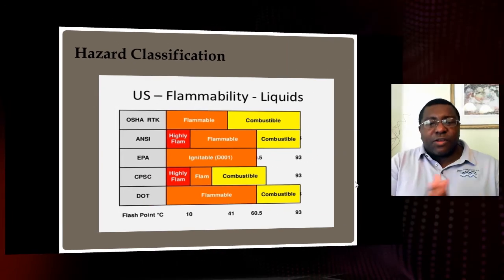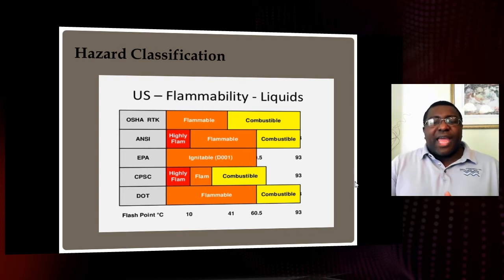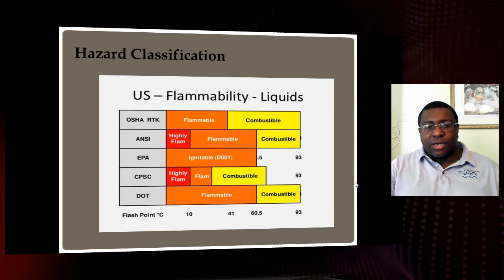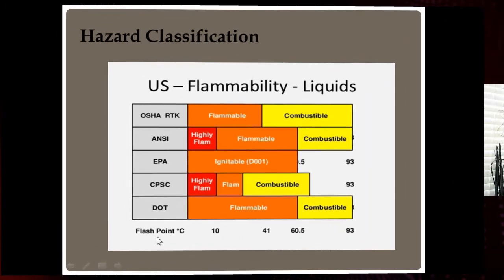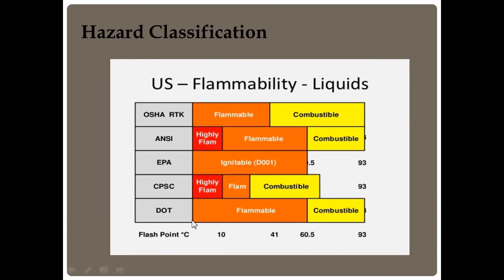There's several different codes now of entities, and these are just U.S. entities that have hazard classifications. So if you're looking at the scale, and I'm going to use my mouse here to show you, this is a flash point in Celsius, this meaning 0 Celsius versus this here at 93 Celsius.